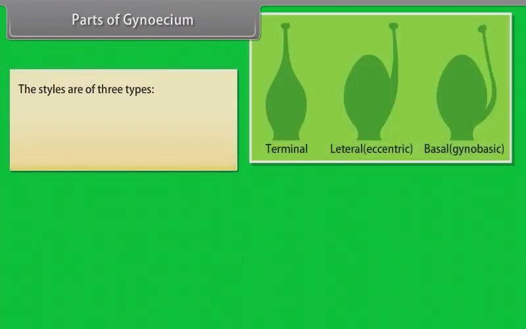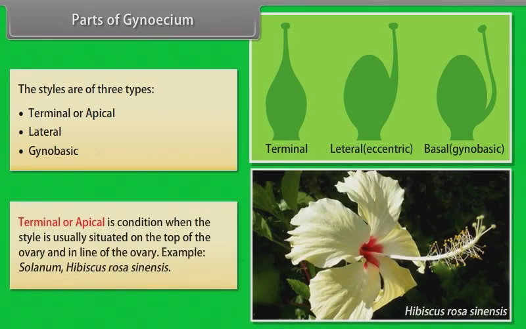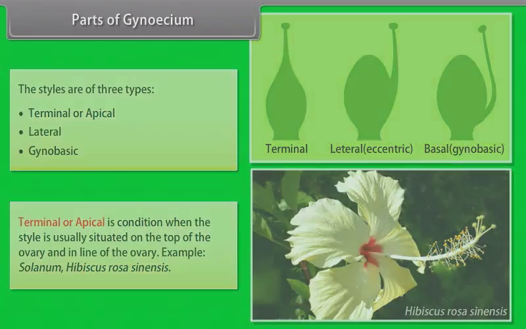The styles are of 3 types: terminal or apical, lateral, gynobasic. Terminal or apical is the condition when the style is usually situated on the top of the ovary and in line with the ovary. Example: Solanum, Hibiscus rosa-sinensis.